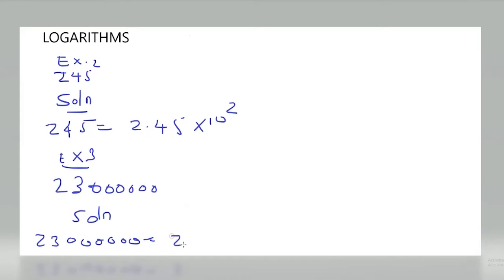Now this one is 2.3, then times 10 power. The numbers after the dot sign here: 1, 2, 3, 4, 5, 6, 7. Now this is power 7. Then another example.